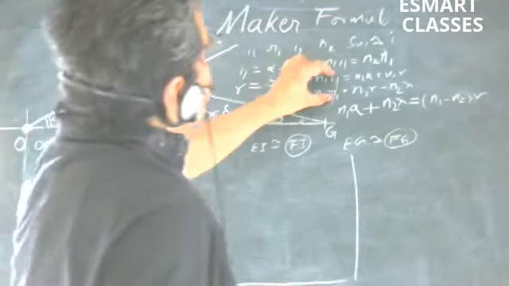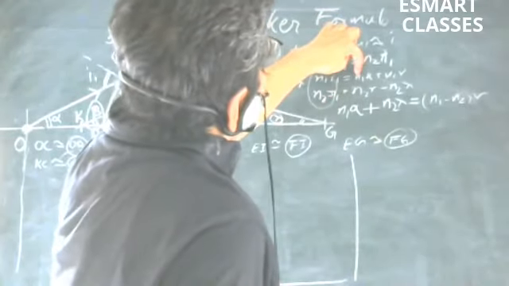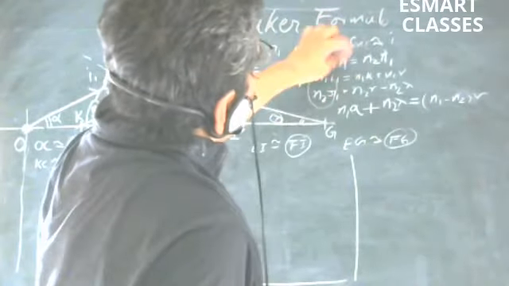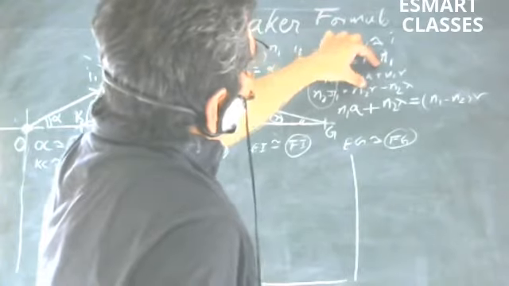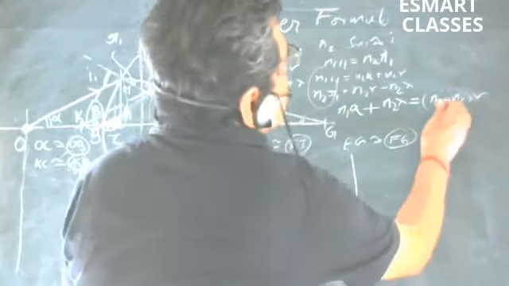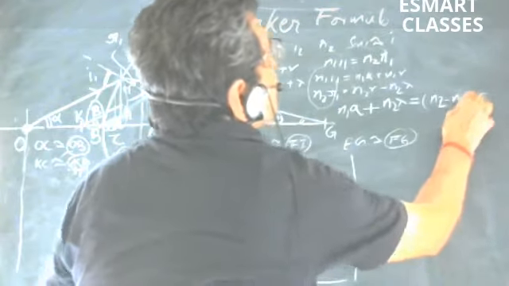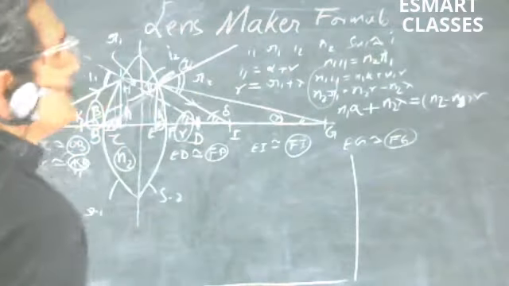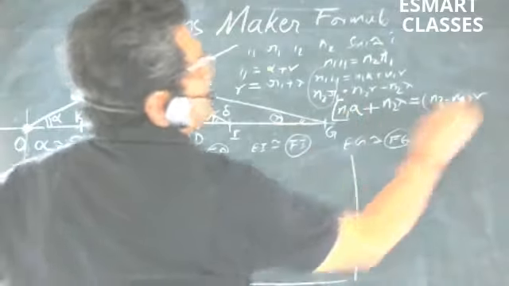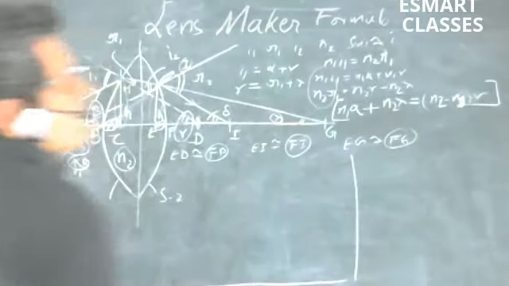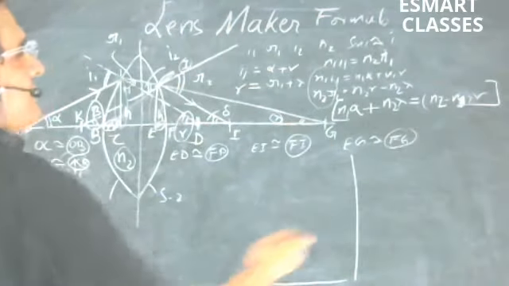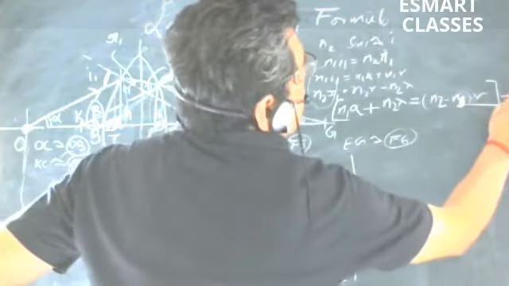These we have equated. It is N1 alpha, and N2 lambda comes on that side. N2 gamma minus N1 gamma, this will be N2 minus N1. So this is one equation which we have obtained. This is equation 1.